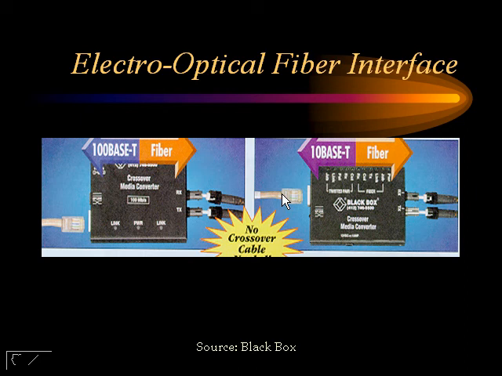Here again, the fiber optic connection can be used for extending the distance between the nodes or the server and its clients. In general, as we mentioned earlier, there is a limitation on the distance between the nodes when we set up a local area network that is based on the 10 base T standard.